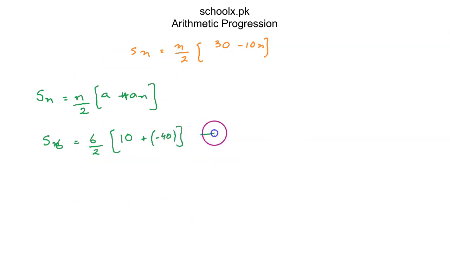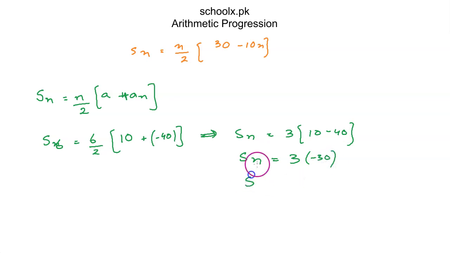Our answer will be Sn equals 3 times negative 30. It will give me S6 is negative 90. This is the sum of the terms of the sequence up till the 6th term, or the series up till 6th term.